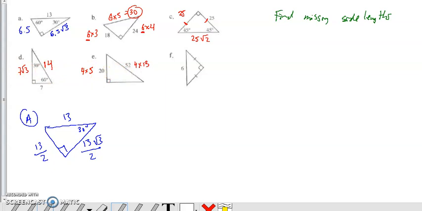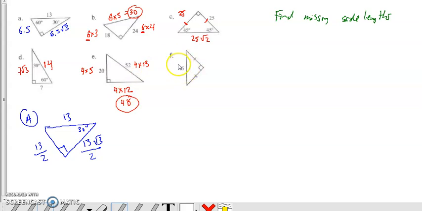So this is your 5, 12, 13 triangle, which means that this guy will be 4 times 12, which is going to give you 48. So again, I'm trying not to use my calculator to double check my answers.